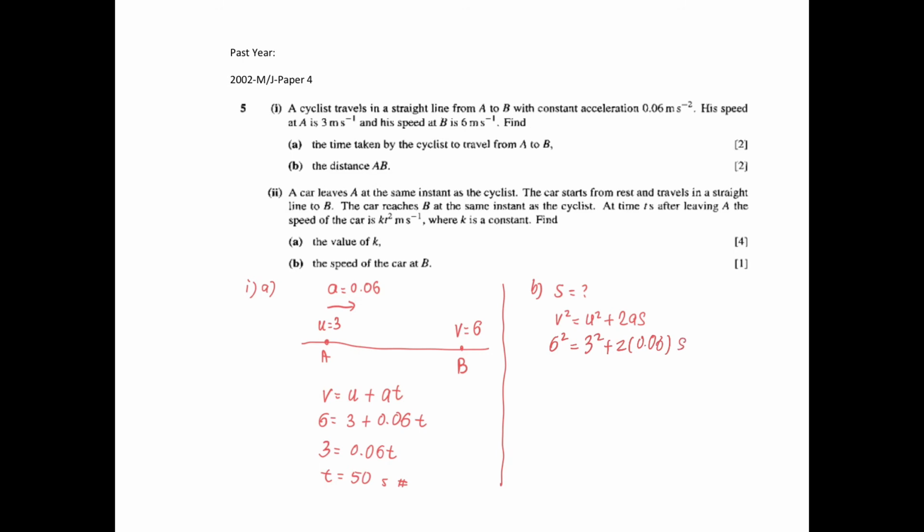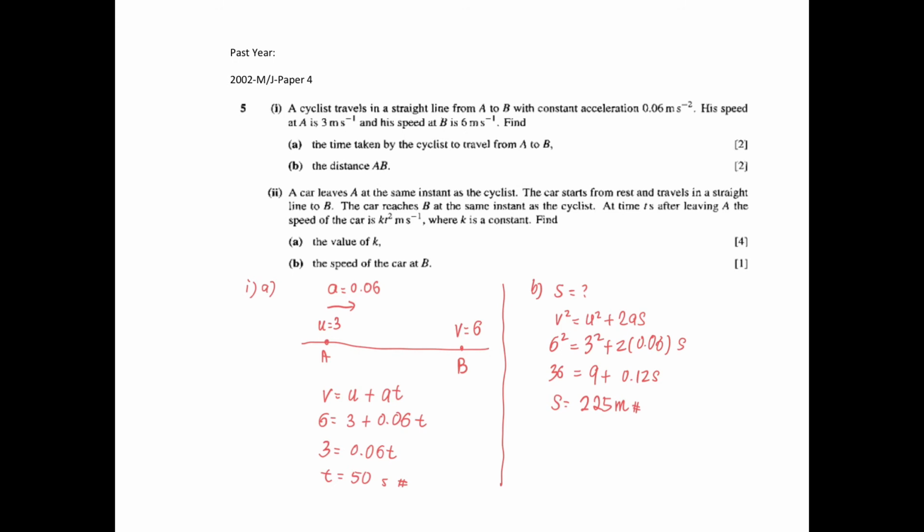So we have to count this. 36 equal to 9 plus 0.12 S. So S equal to 36 minus 9, divide 0.12, so we get 225 meters. Yeah, so that is the distance AB.